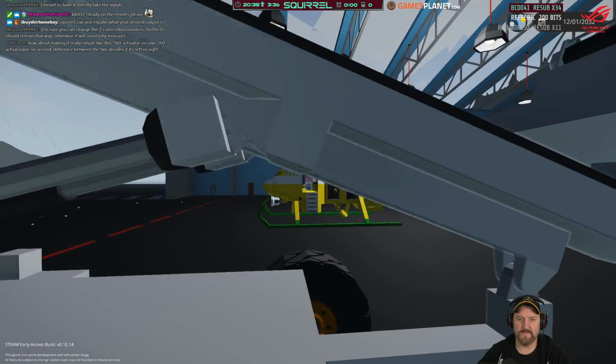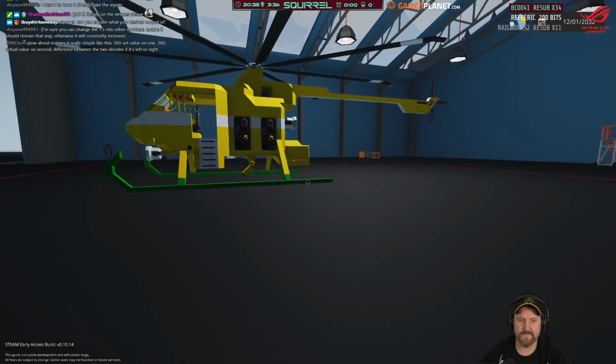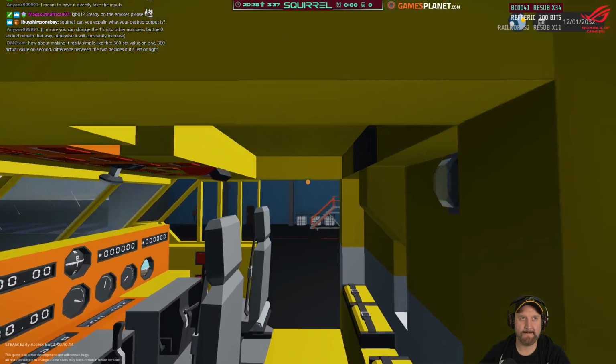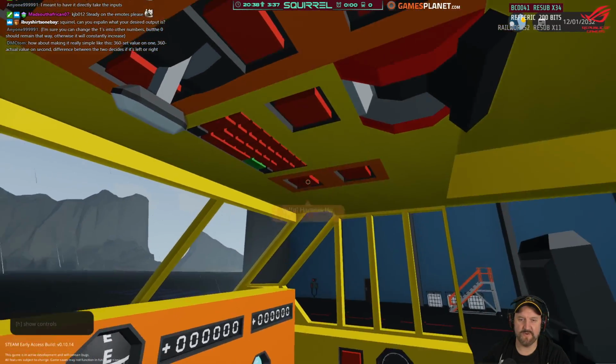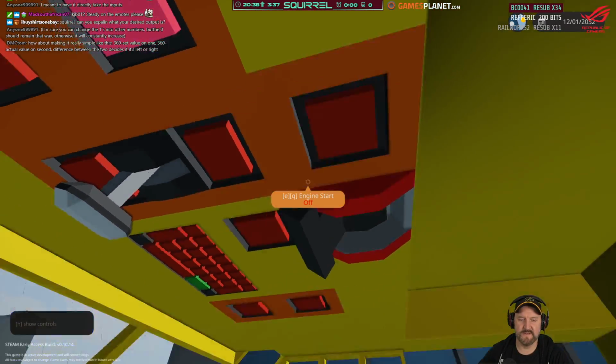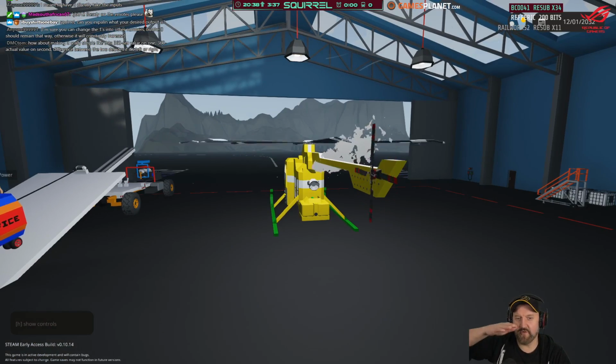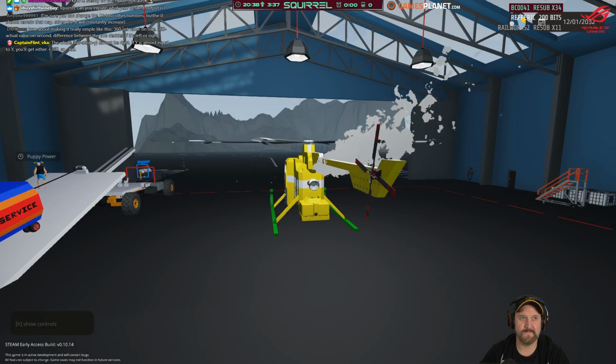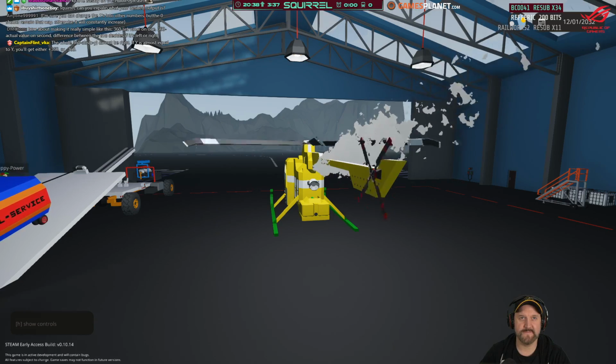Desired output. The desired output is to yaw the aircraft so that it points towards the heading I gave it. Oh. Oh, okay.